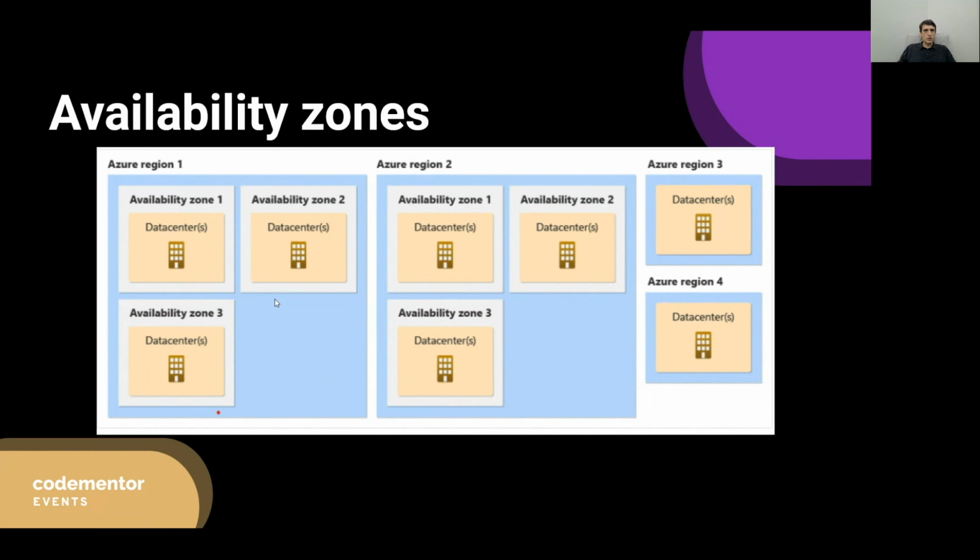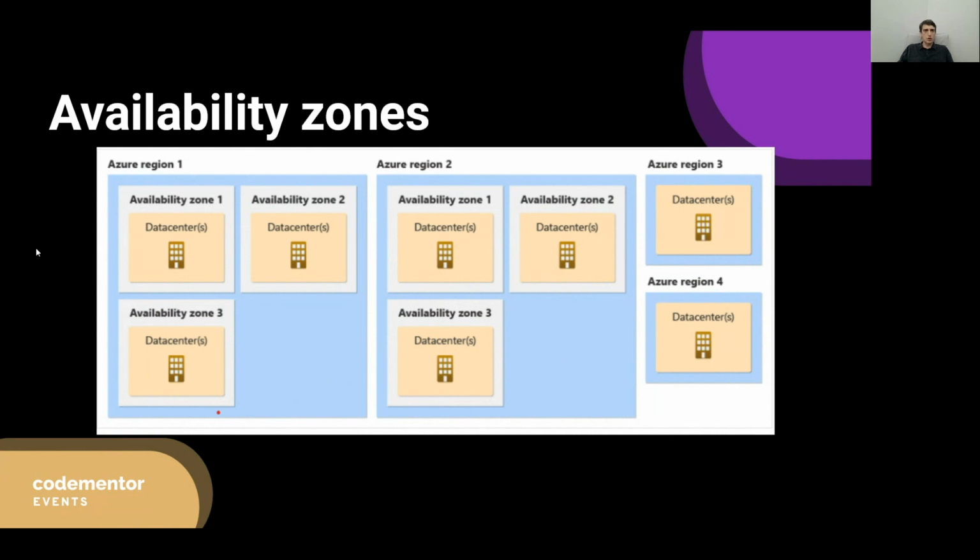So if you distribute your resources between different availability zones, you increase your availability. Of course, it's more reliable to put your resources in different regions, but it's a much more complicated configuration, and actually it's out of scope of our today talk.